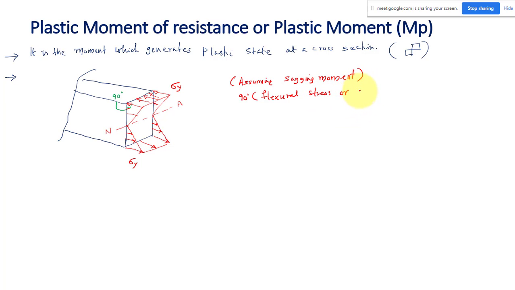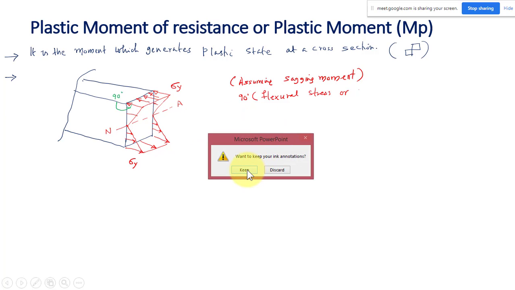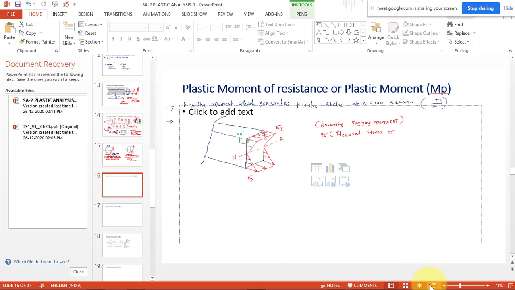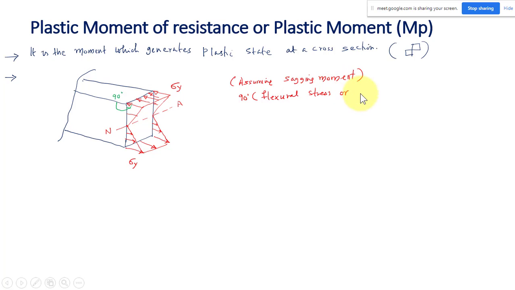It is nothing but your normal stress only. We can say flexural stress is a normal stress only, bending normal stress. That is why we are calling it compression and tension. Compression and tension always act perpendicular to that section only. So this is bending normal stress.